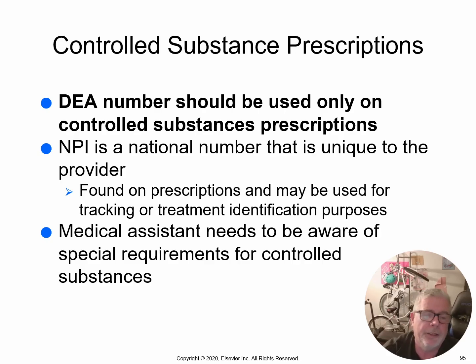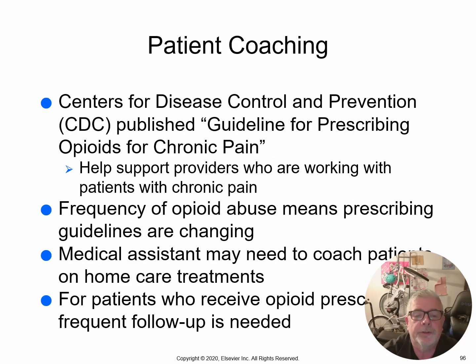If you were to type my name in Google and write NPI after that, press enter, you would see my NPI number. It's just a matter of public record, nothing to hide. But most pharmacies will need that NPI number in order to process any prescription. And of course, be aware of special requirements for controlled substances.